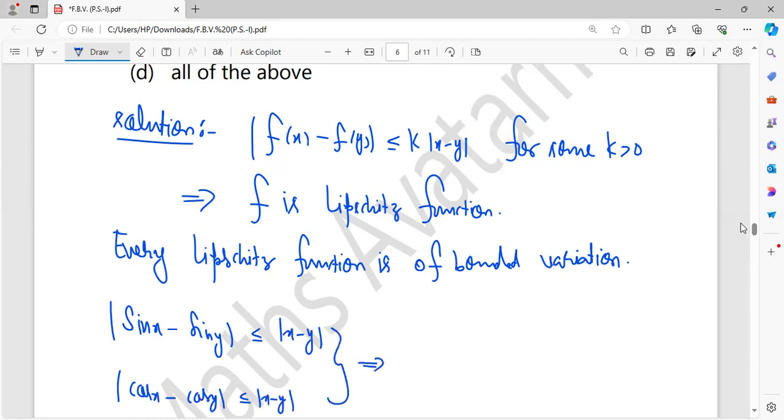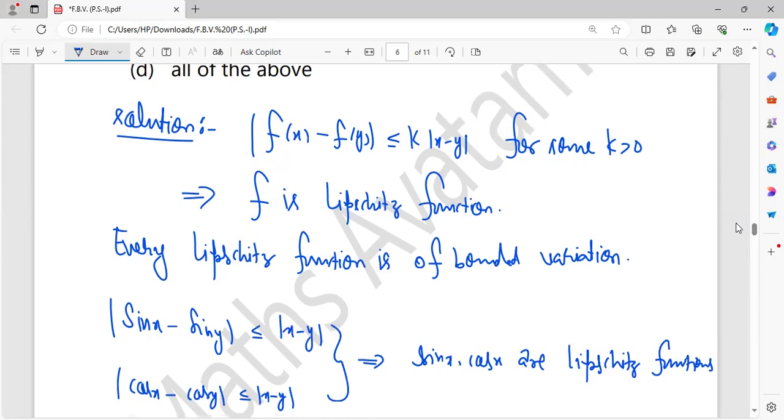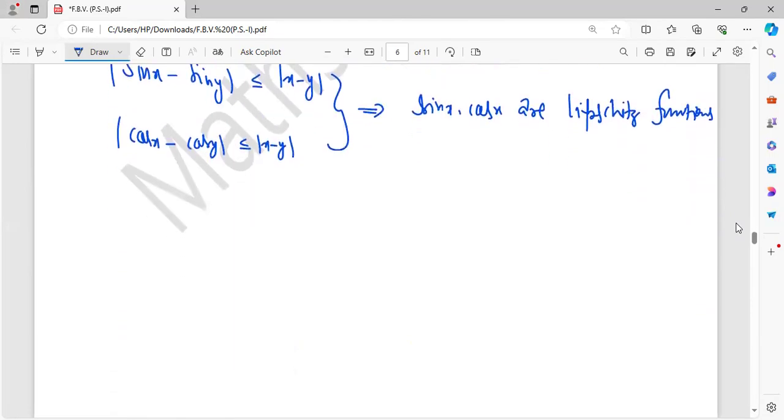So this implies sin x and cos x are Lipschitz functions, and Lipschitz functions are functions of bounded variation. We have done this result. You can find a lecture on it in my playlist on functions of bounded variation. So sin x and cos x are functions of bounded variation.